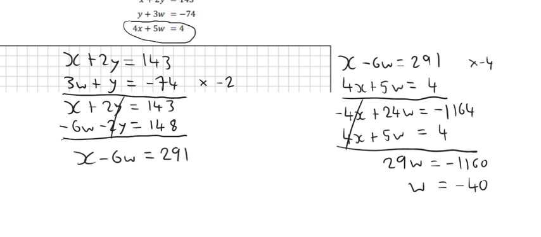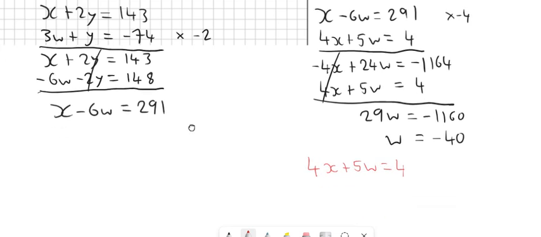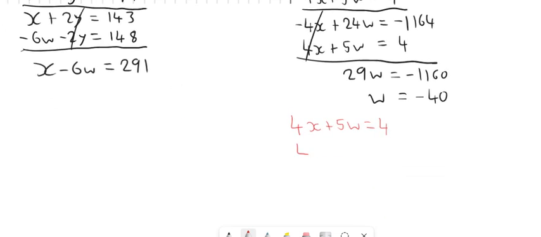So I'm going to take the 4x plus 5w is equal to 4. And I know that w is minus 40 now, so 4x plus 5 times minus 40 is equal to 4.